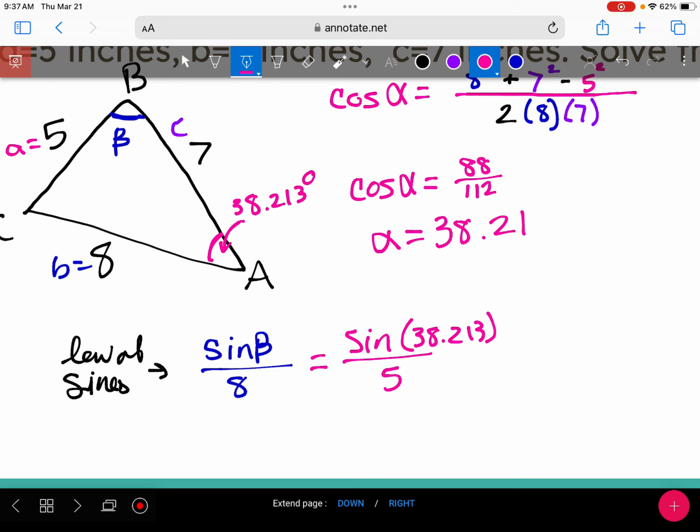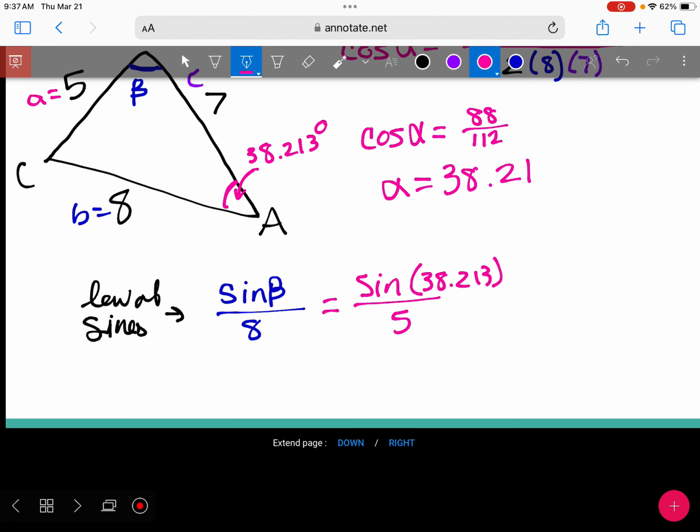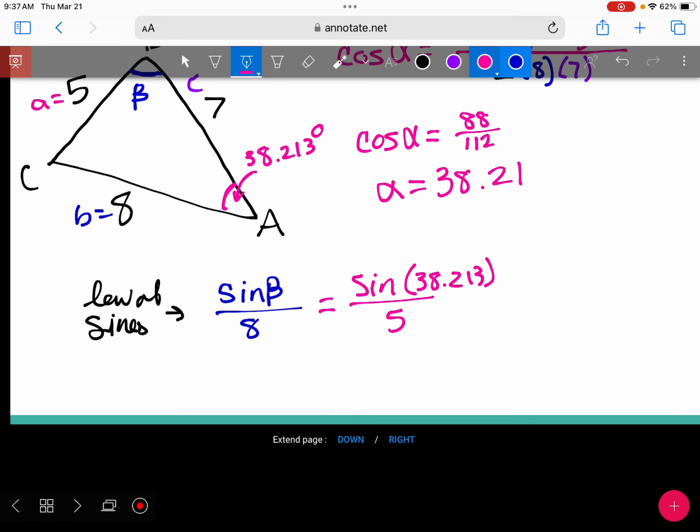Law of sines is way less complicated. So once we have one angle from our law of cosines, switch back to law of sines. It's way simpler and still valid. So we know our sine of beta is going to equal 8 sine of our decimal, 38.213, over 5.